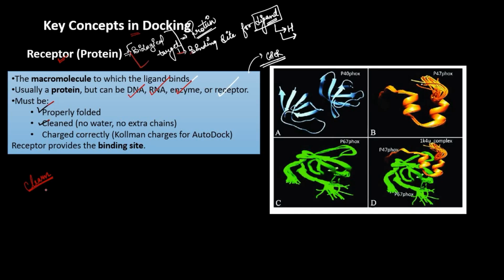Clean means no water molecules, no extra chains. If we perform specific docking, this matters; if we perform blind docking, there is no issue. And no heteroatoms, etc. Only the macromolecule is present, meaning a pure chain of your protein is present.